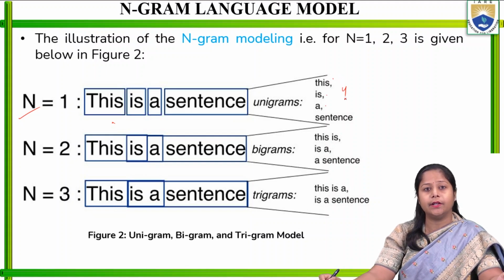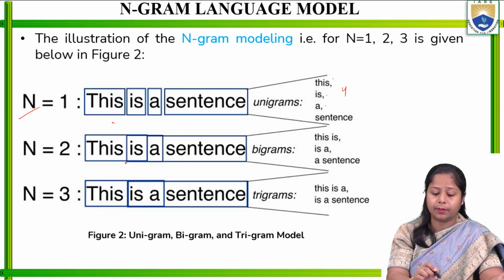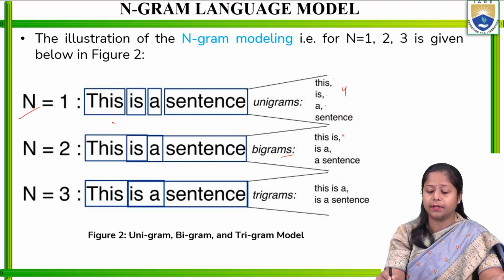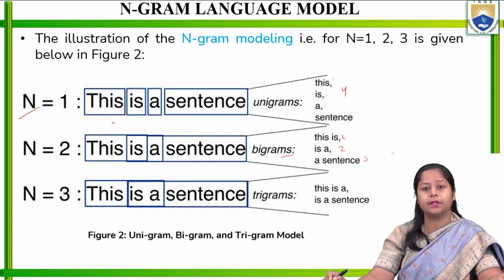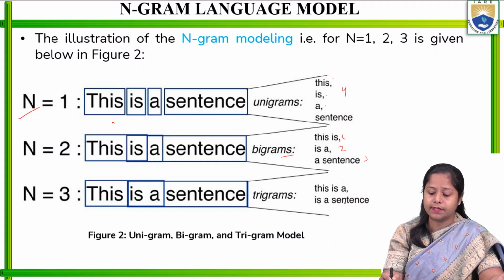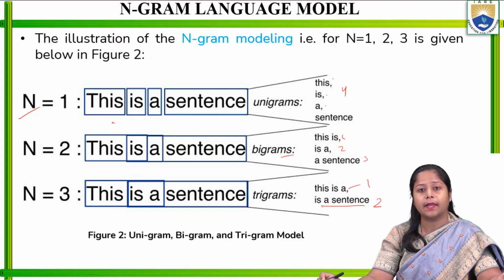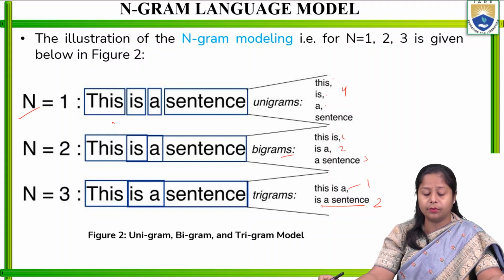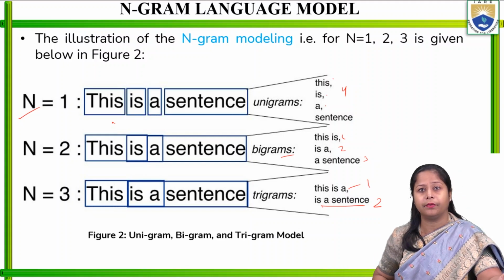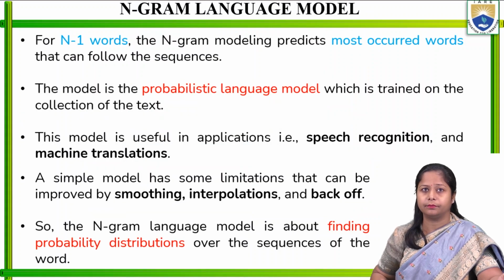If we take n equal to 2, bigrams can be there, 3 bigrams. If I take n equal to 3, this is a, is a sentence, so there are 2 n-grams. That is how the different models work to combine different words together.